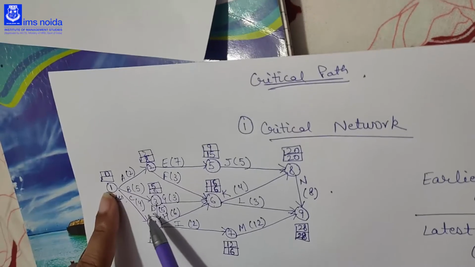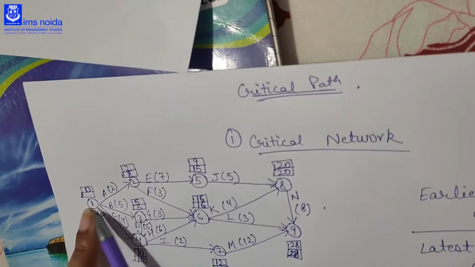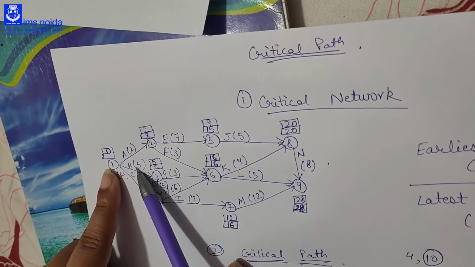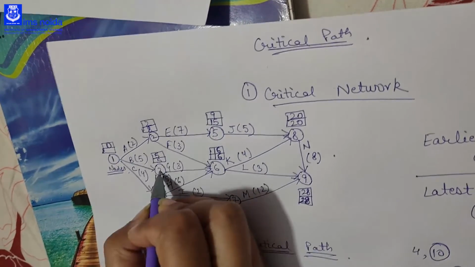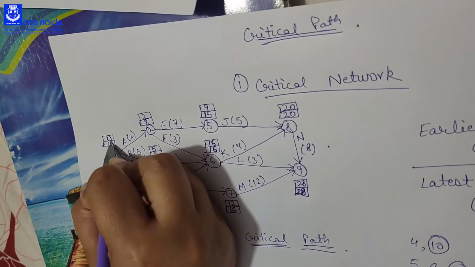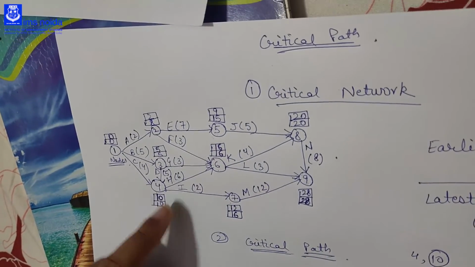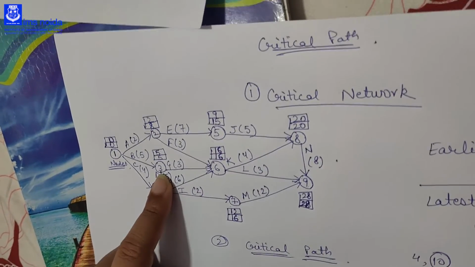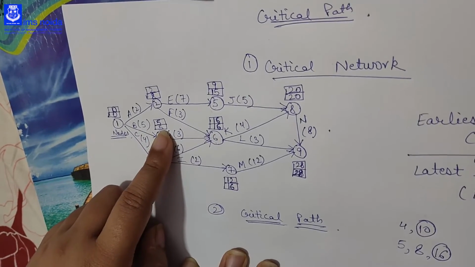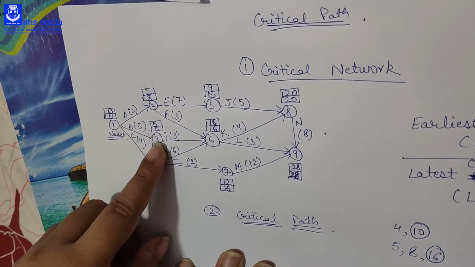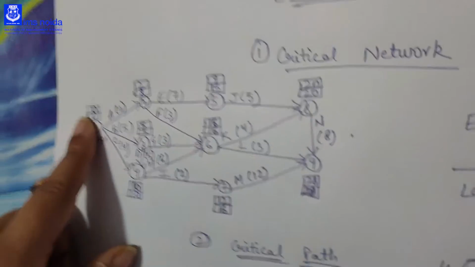You are not getting 0. Then if you are coming from 3 to 1, 5 minus 5, you are getting 0. So this is the way through which we come to this 1. We will not consider 4 now, as we have got the 0 in the 3 only. LC of 3 is 5 and the duration to come from 3 to 1 is 5. So 5 minus 5, 0.